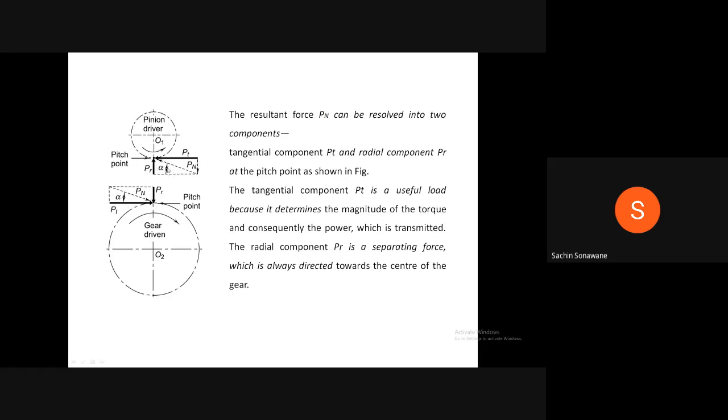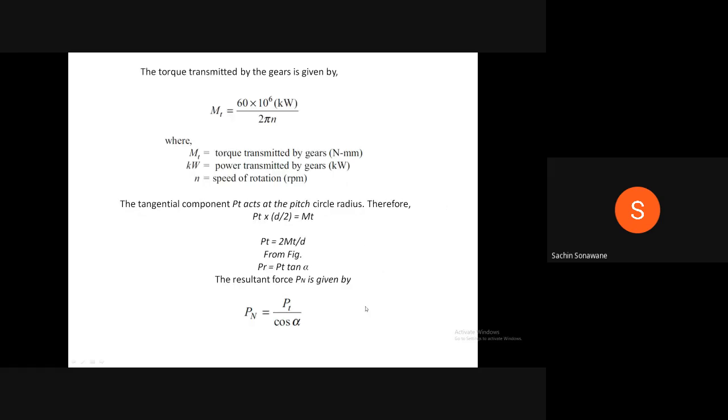Cos alpha is equal to the horizontal value divided by the hypotenuse. This is the Pn and this is the Pt. Therefore, cos alpha is equal to Pt upon Pn, so Pn is equal to Pt upon cos alpha.